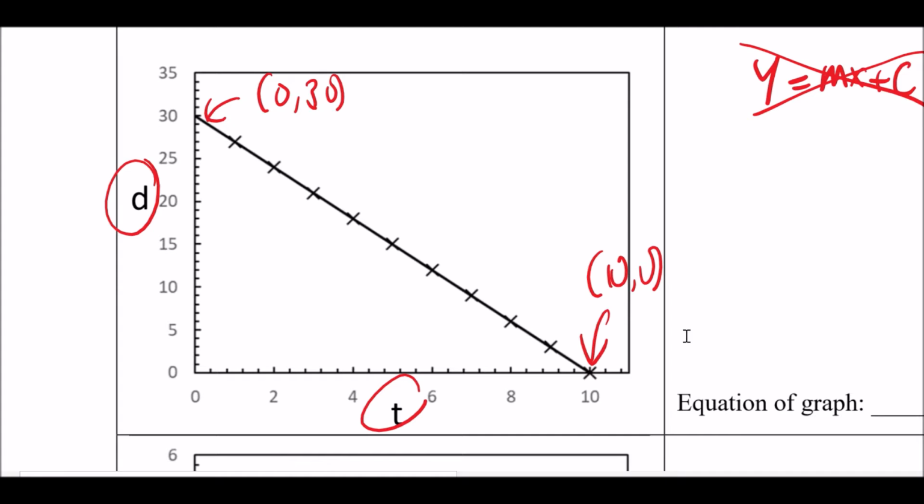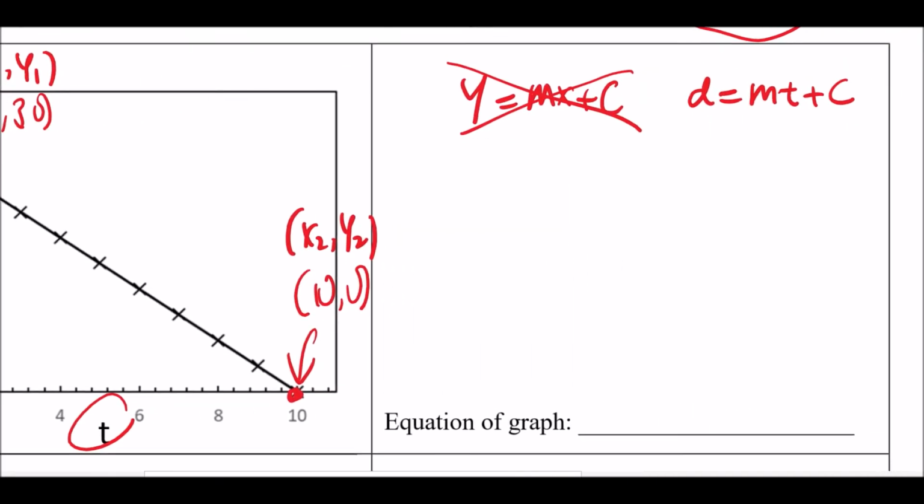So you need to pay attention to the axis. Next, I'll choose 2 convenient coordinates, which I have already chosen. I will choose the top to be x1, y1, and the bottom to be x2, y2. Again, you can do the other way around; it should still be the same. So d equals mt plus c, and I need to find m first.